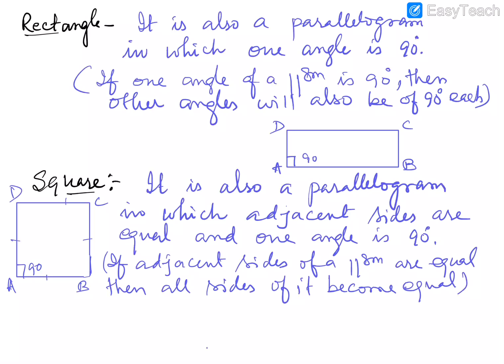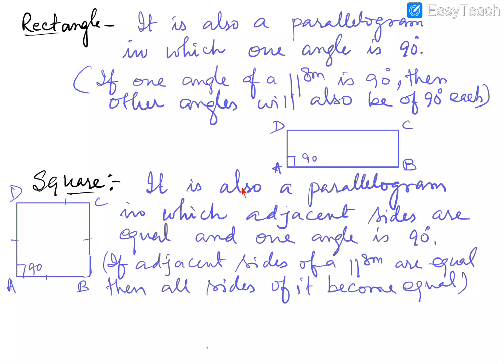If one angle of a parallelogram is 90 degrees, then the other angles will also be 90 degrees by the property of parallelogram. So in a rectangle, all the angles are 90 degrees.